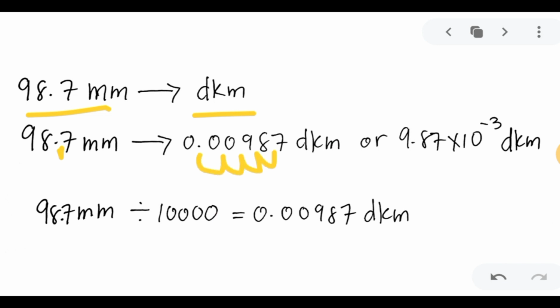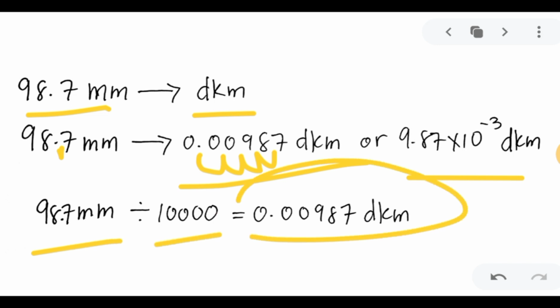So, your answer is 0.00987 decameter. Or express mo sa scientific notation, that is, from here, 1, 2, 3. That is 9.87 times 10 raised to negative 3 decameter. Or another method is just divide the 98.7 millimeter by 10,000. So, the answer is the same. 0.00987 decameter.